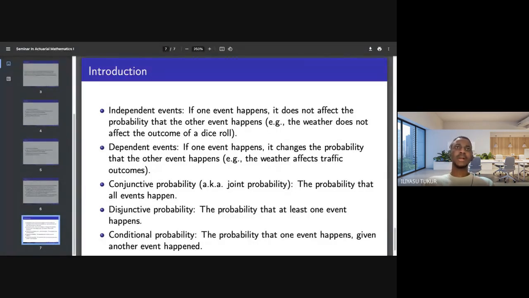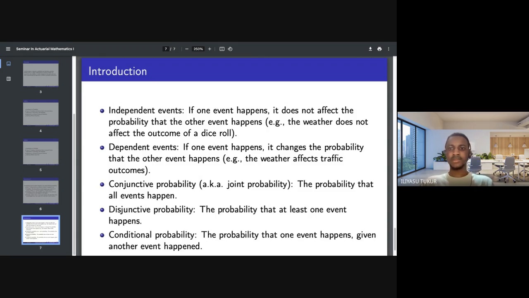So we can call these two probabilities joint probability. The probability of picking white and the probability of picking a red ball from a basket is joint probability. You can also define at least one event here, the probability that at least one event happens, in the same pattern.